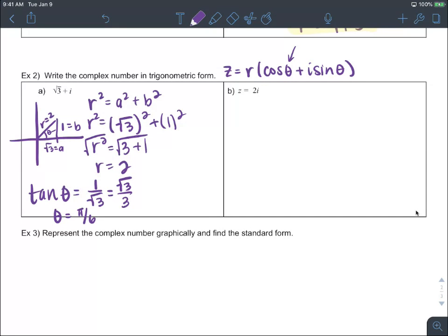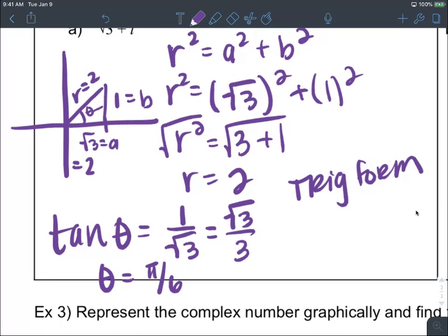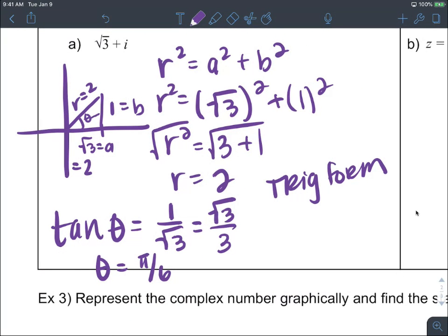Okay, so in trig form, a is equal to 2 times the cosine of pi over 6, and here b is equal to 2 times the sine of pi over 6.